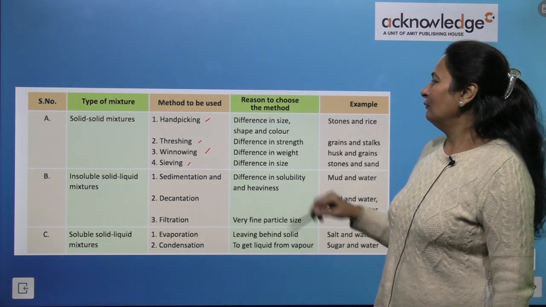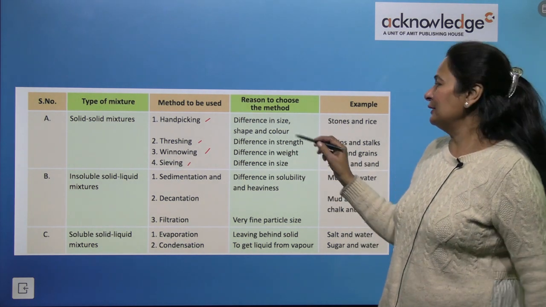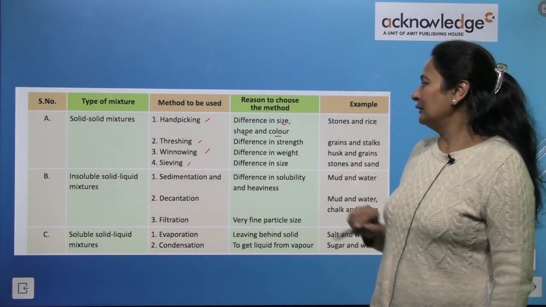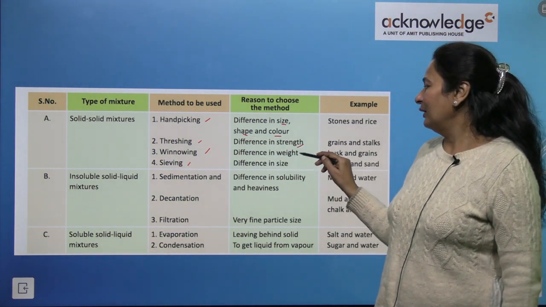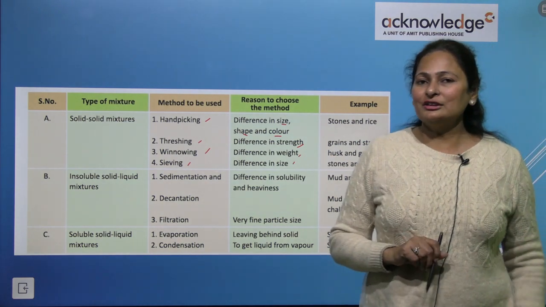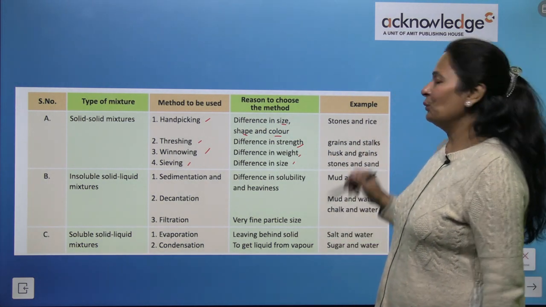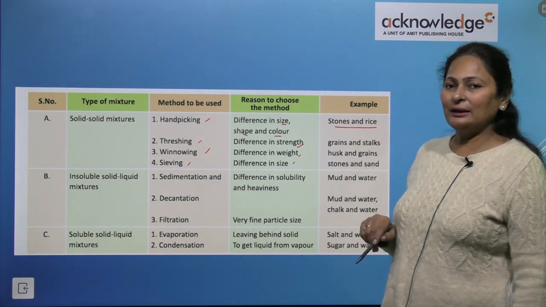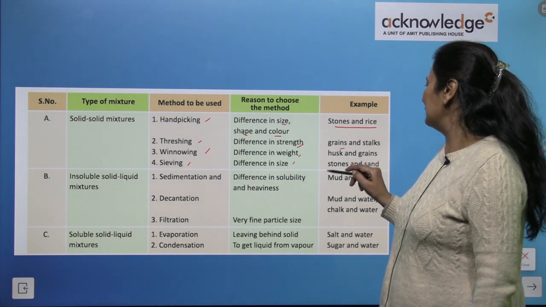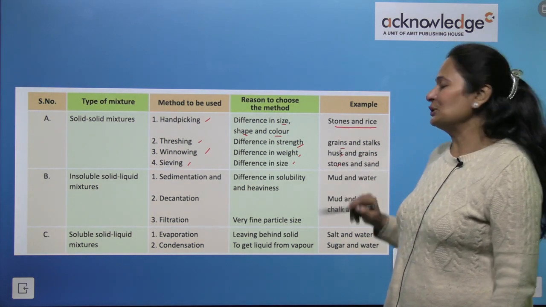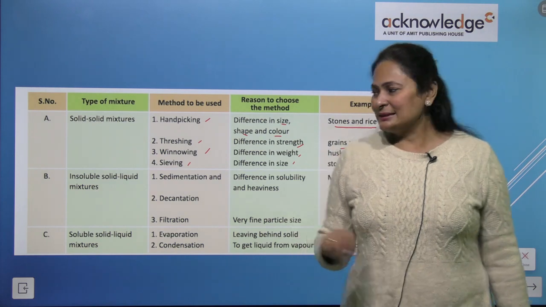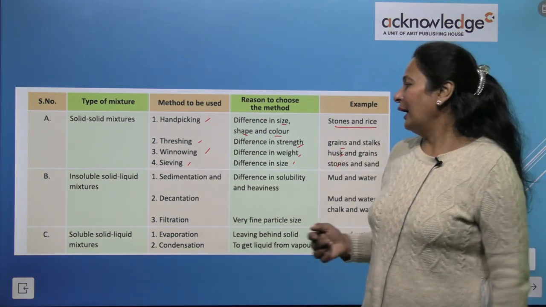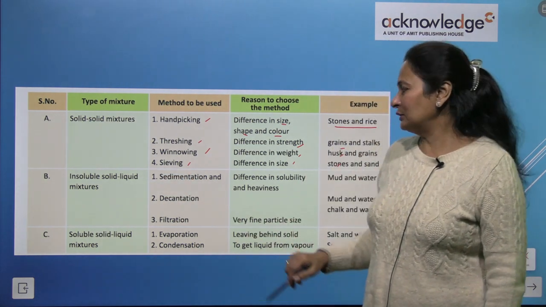The reason we have chosen these methods is that the components are different in size, shape and color, different in strength and weight. So what can we separate by these methods: stones and rice, grains and stalk, husk and grains, stones and sand.